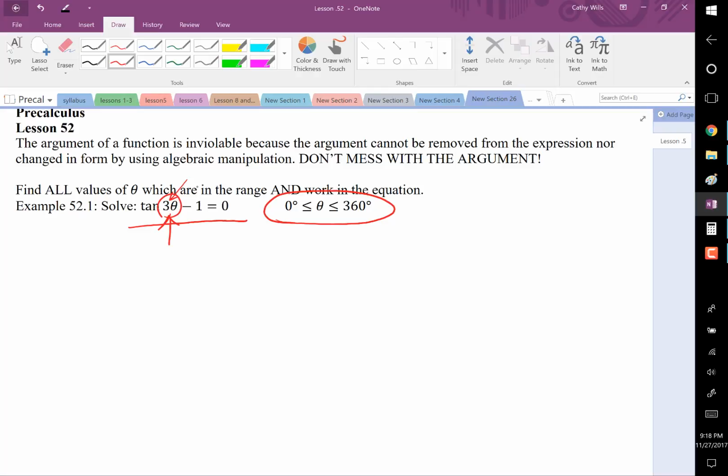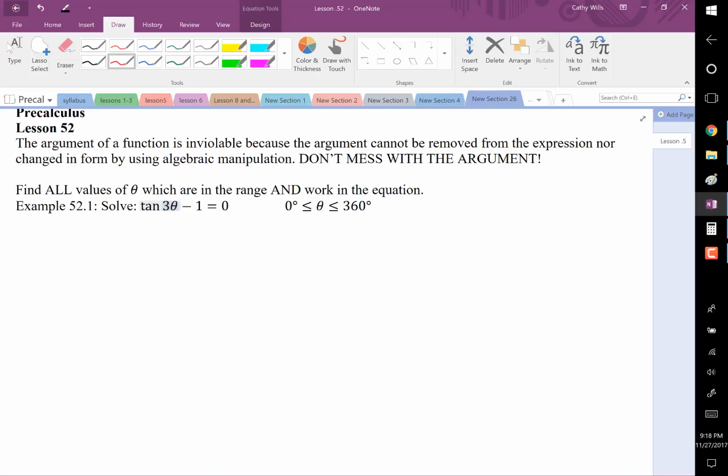And if theta is multiplied by some number less than 1, like 1/2 or 1/3, then you'll get fewer solutions than you got before. So we're going to see how that happens just by being very careful not to violate the argument. We can't get theta away from that 3. We can't divide this equation by 3 or something.